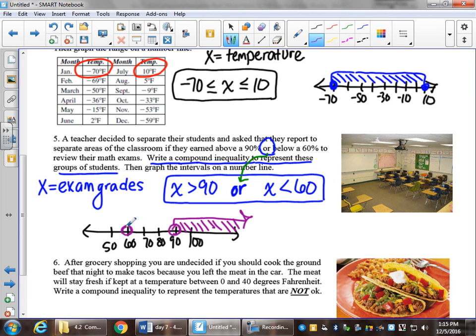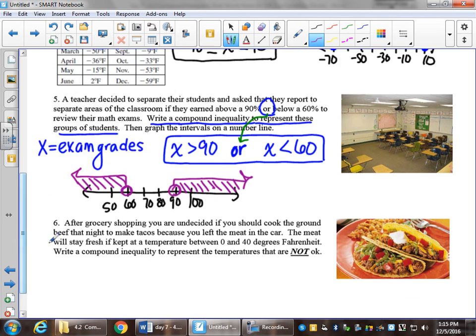Or less than 60. So the key for 5 is if you see the word or, pretty good chance that it's going to be an or inequality.